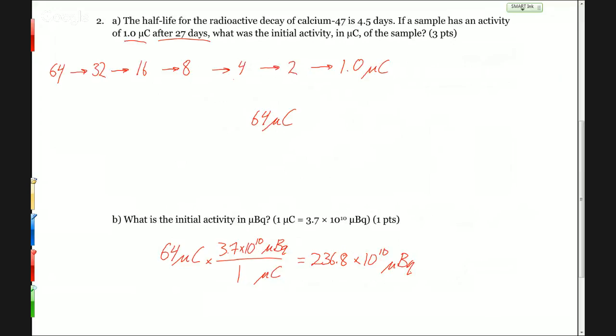Or, since we usually don't do scientific notation that way, you would call that 2.368 times 10 to the 12. Either way is fine. Any questions about that? All right, then let's move on.